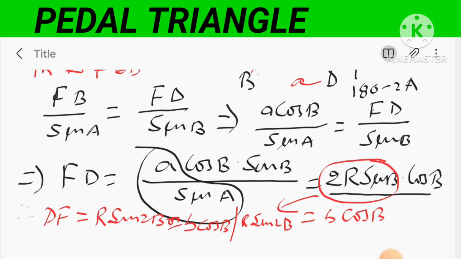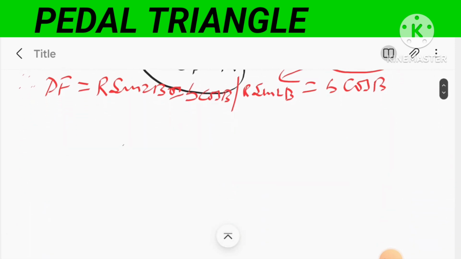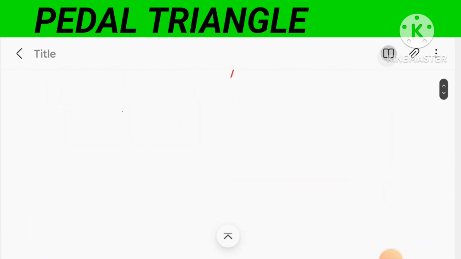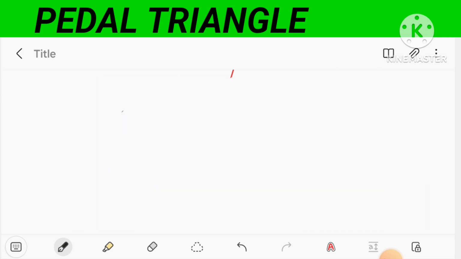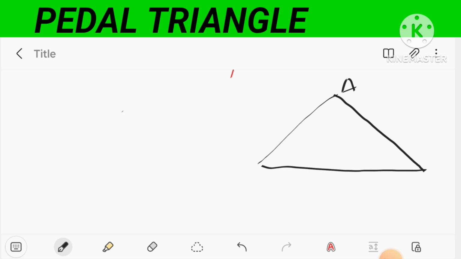Now come to the next figure. This is triangle ABC, and this is triangle DEF, and DEF is the pedal triangle.